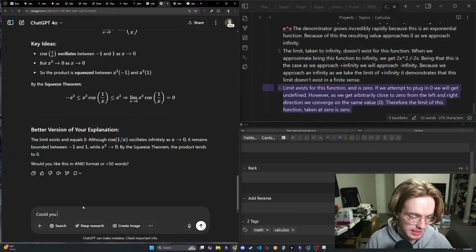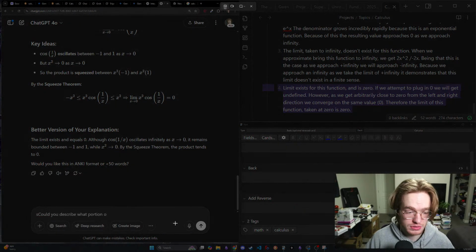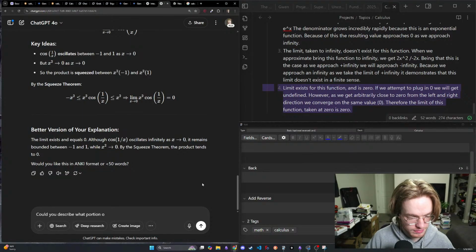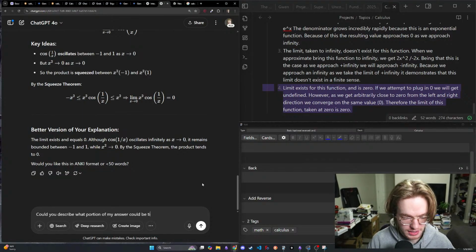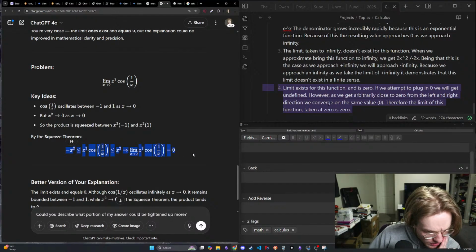Could you describe what portions of my answer could be tightened up more? So it looks like instead we're using the squeeze theorem.